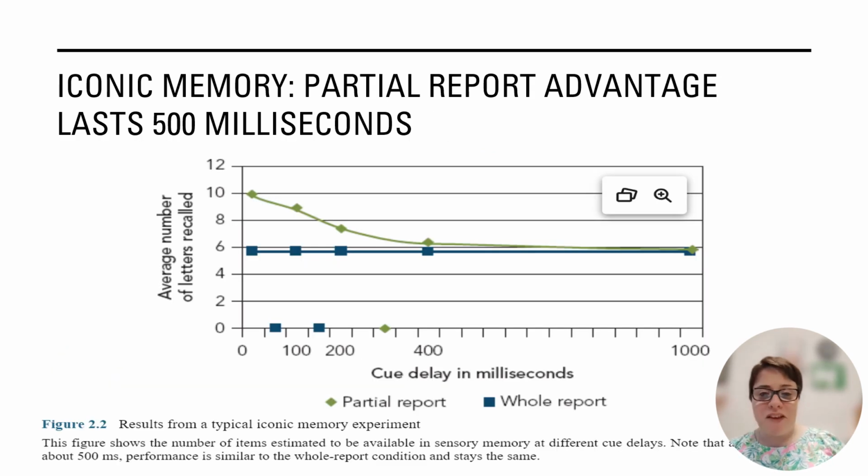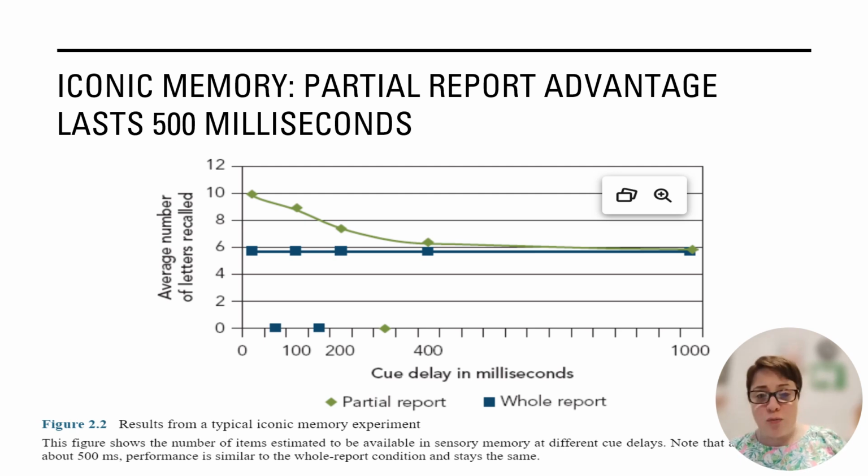So as I mentioned previously, the partial report advantage was observed up to Q delays of about 500 milliseconds, at which point participants reported about the same number of items in the partial and whole report conditions. So the duration of the partial report advantage led Sperling to conclude that A, for a brief period of time, most visual information is available to participants, and B, after about 500 milliseconds, only a subset of the information is available.